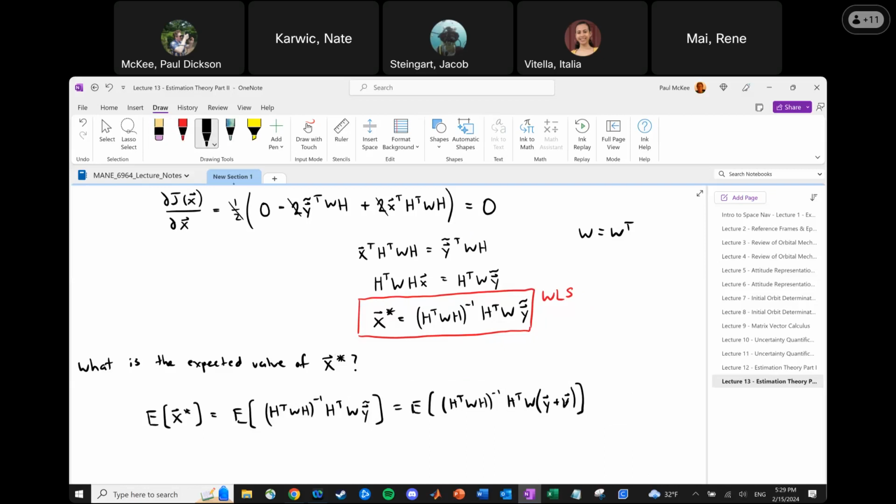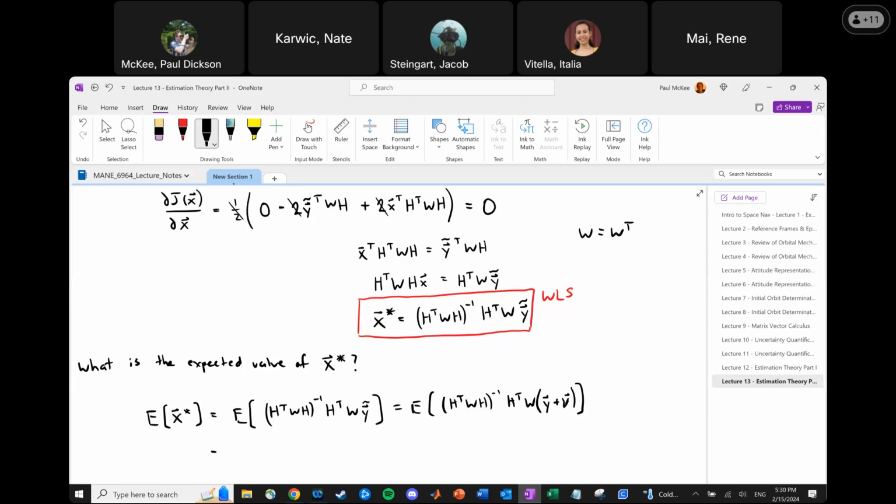So we're just splitting that up. Okay, so now we remember our expected value operator, right? We can distribute this. So first of all, the interior of the expected value should distribute to (H transpose WH) inverse H transpose Wy plus (H transpose WH) inverse H transpose W nu. And then also, we remember that the expected value operator can basically skip things that aren't stochastic. So we can do two steps in one here.